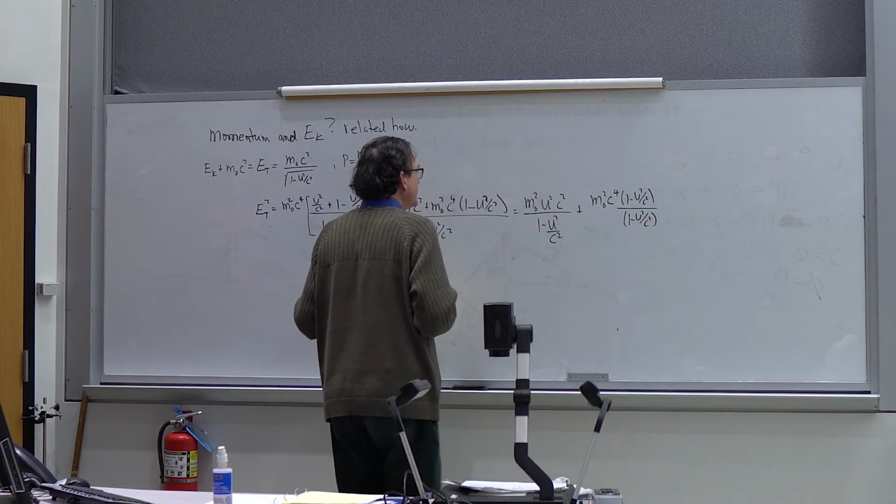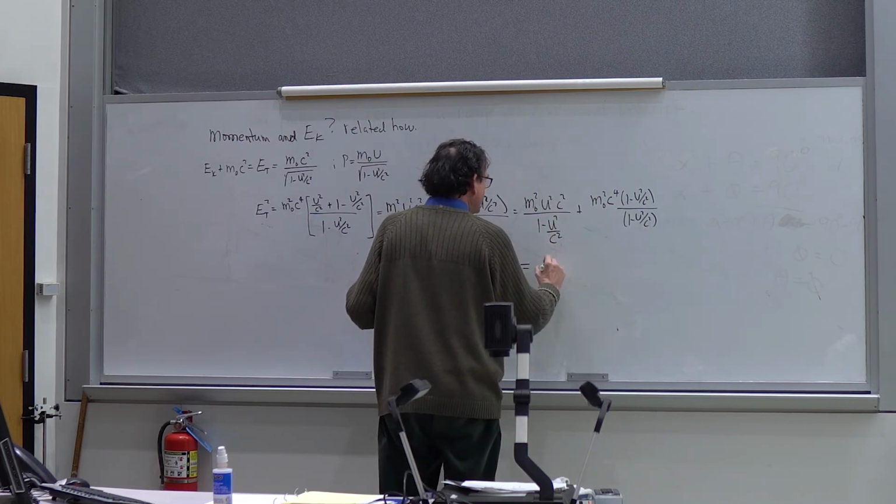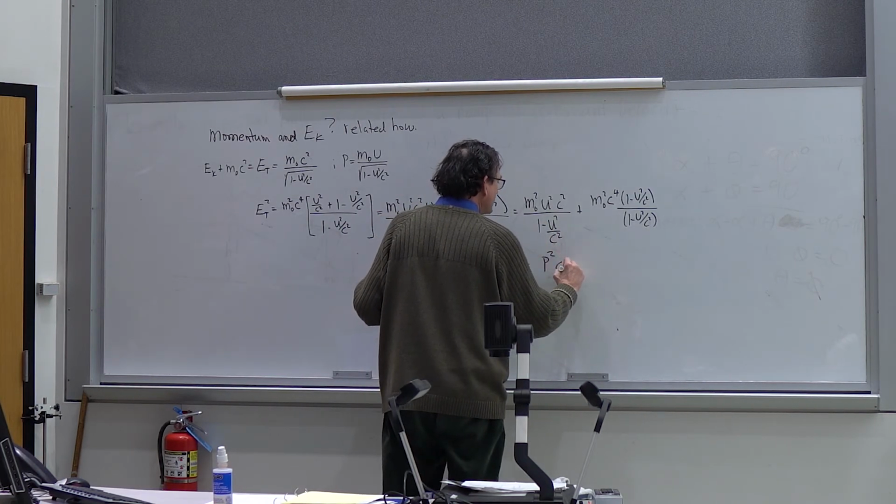So these two terms cancel. This term right here is the same thing as p squared times c squared.